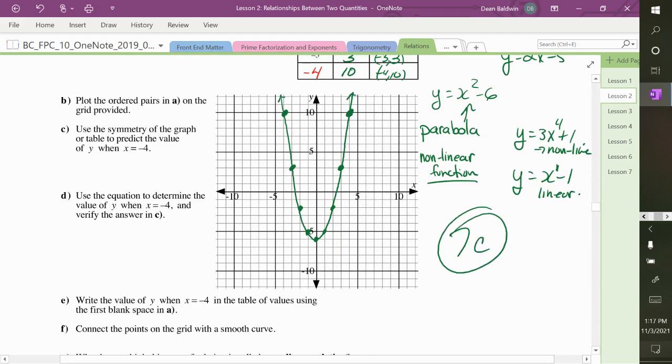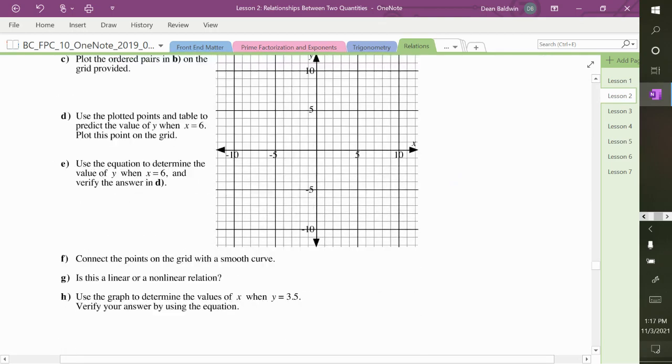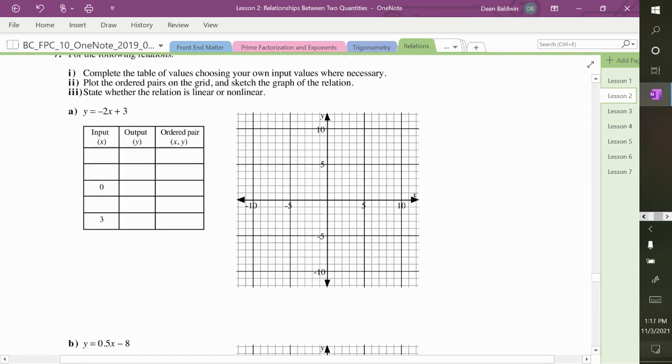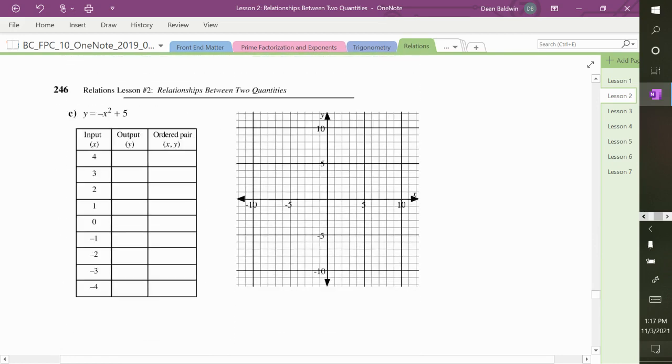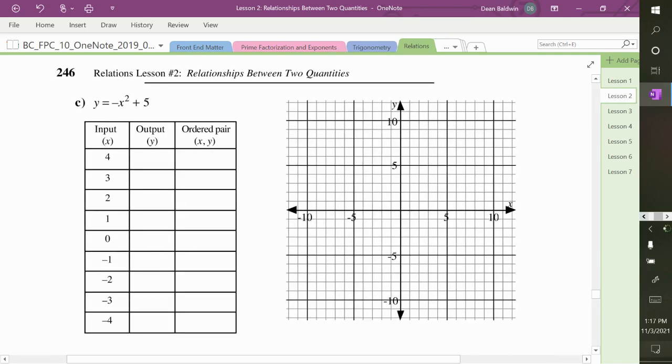Just do 7C. If you can do 7C, all I want you to do is graph it. So if you go to 7C, there it is right there. This one. I want you to do this equation right here. Fill out the table and sketch the graph.